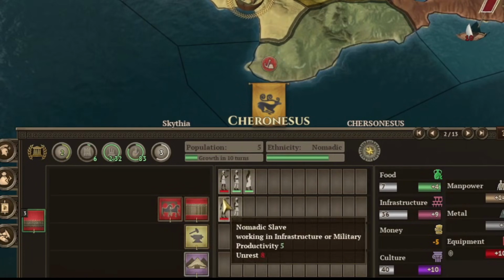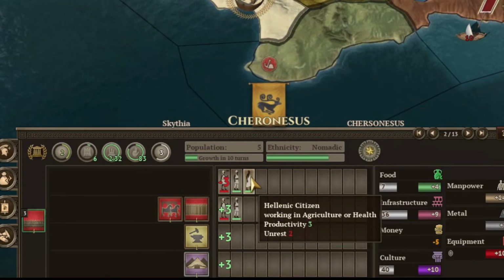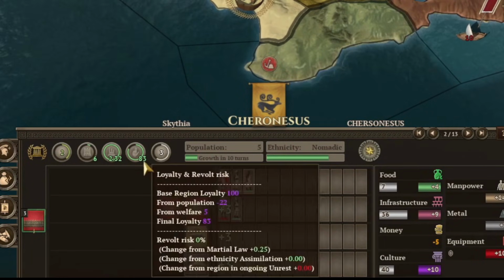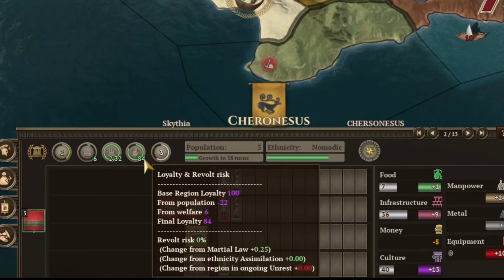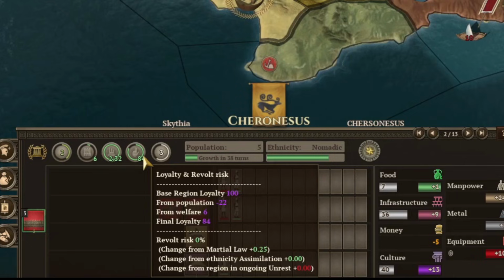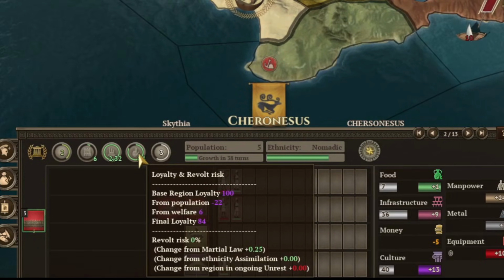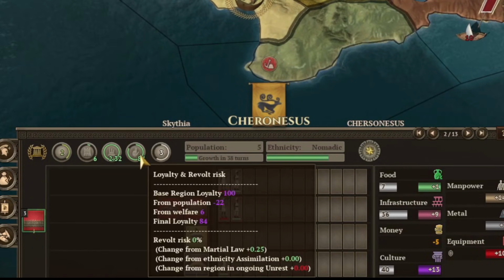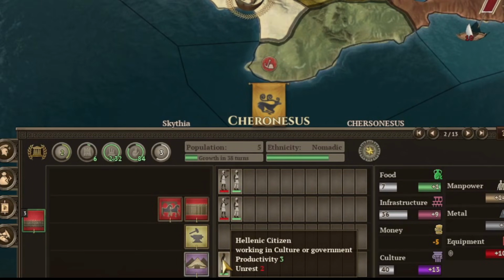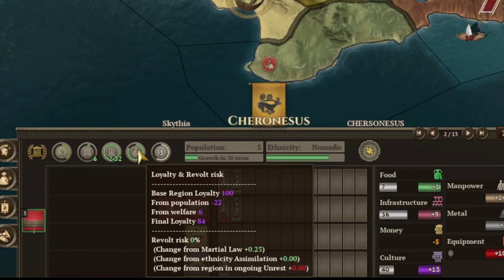But please notice, if I move one population to produce culture, please check loyalty. Loyalty will also increase, because welfare helps to compensate unrest. If there are some slaves that increase unrest, unrest decreases the loyalty, but welfare means that people are happy, they are more educated in the culture section, and they can increase the loyalty. The maximum welfare is 1/3 of your base region loyalty.